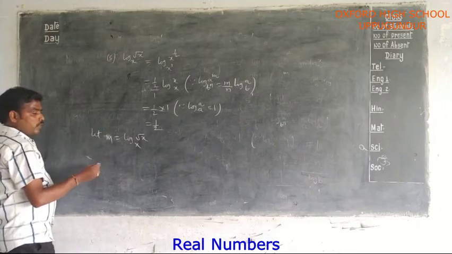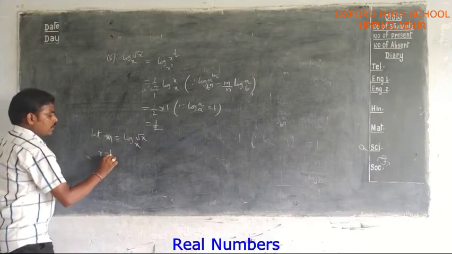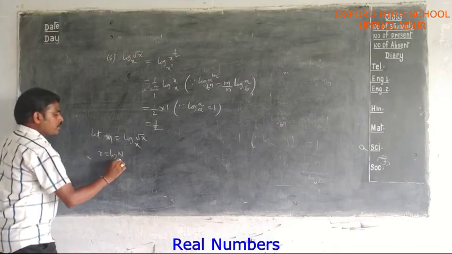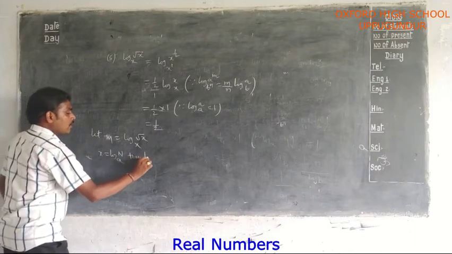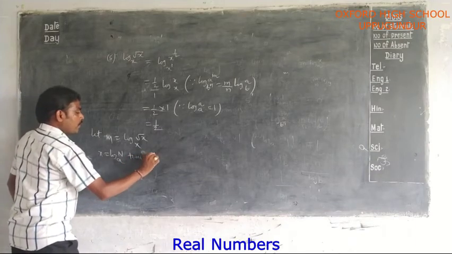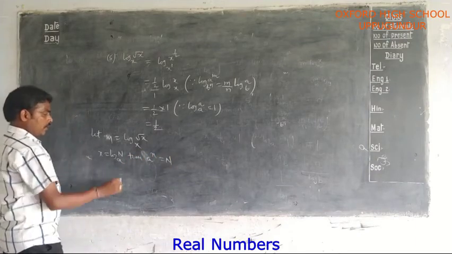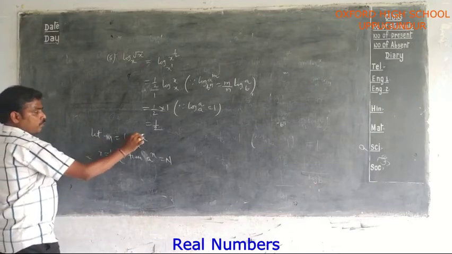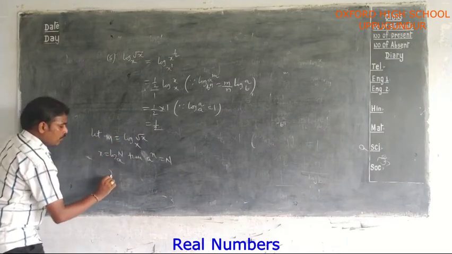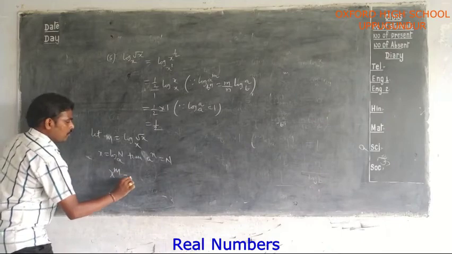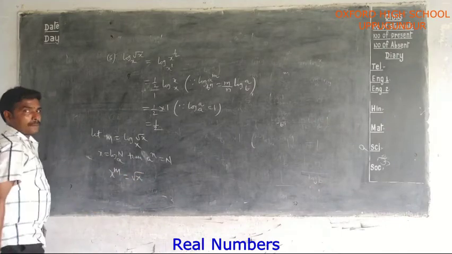What is the formula you have? If x equals log n to the base a, then a power x equals n. Here m equals log root x base x, therefore x power m equals root x.